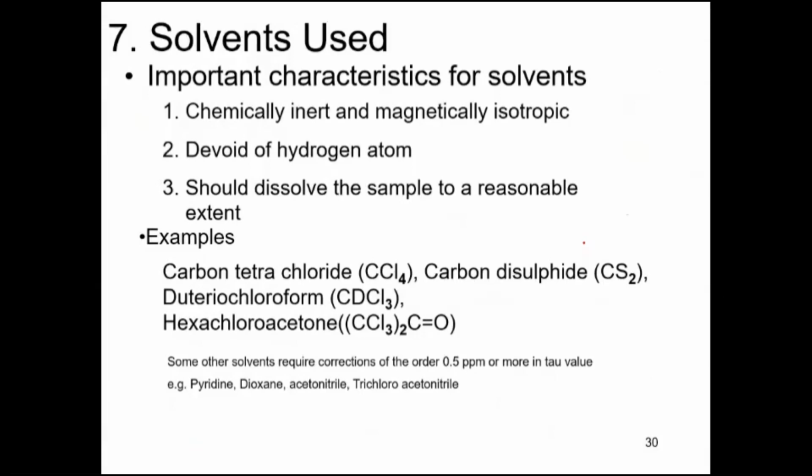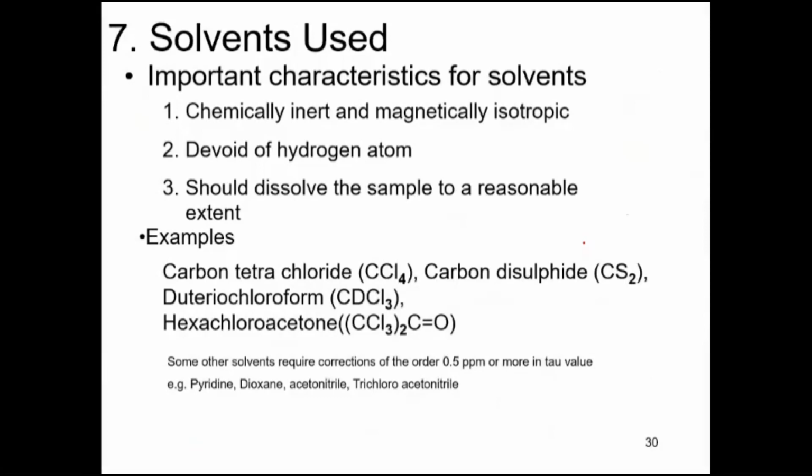Then hexachloroacetone. In your acetone, you have CH3COCH3. If you replace all the hydrogens with chlorine, you will get hexachloroacetone. Some other solvents that require corrections of the order of 0.5 ppm or more in tau value or delta value are pyridine, dioxane, acetonitrile, and trichloroacetonitrile.